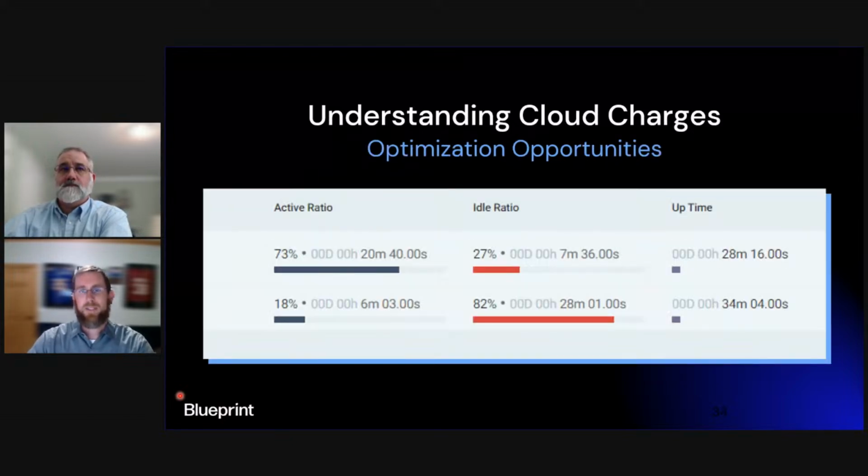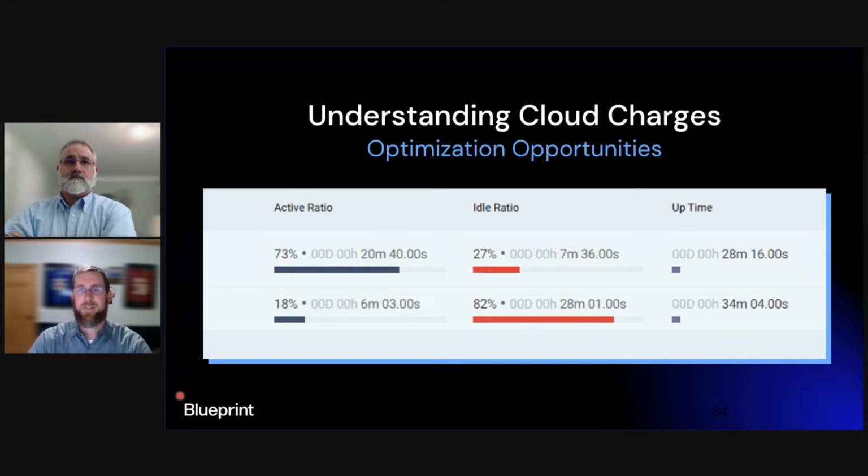One of those ways is we have idle utilizations that you can see on an all-purpose cluster. You can see here that one cluster is 82% idle, while the other one is not idle that much. You have to take into consideration, though, and use caution whenever idle is your only consideration.